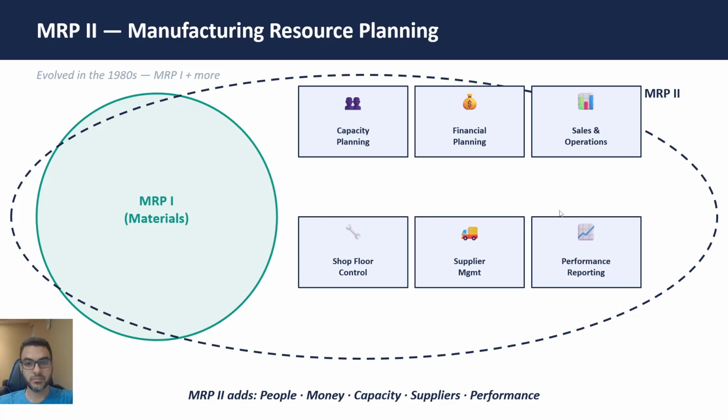Financial planning, sales and operations, shop floor control, vendors management, and so on. So it is basically what's in the MRP I, but on top of it, it included the human resources, the budget, the capacity planning, and so on.